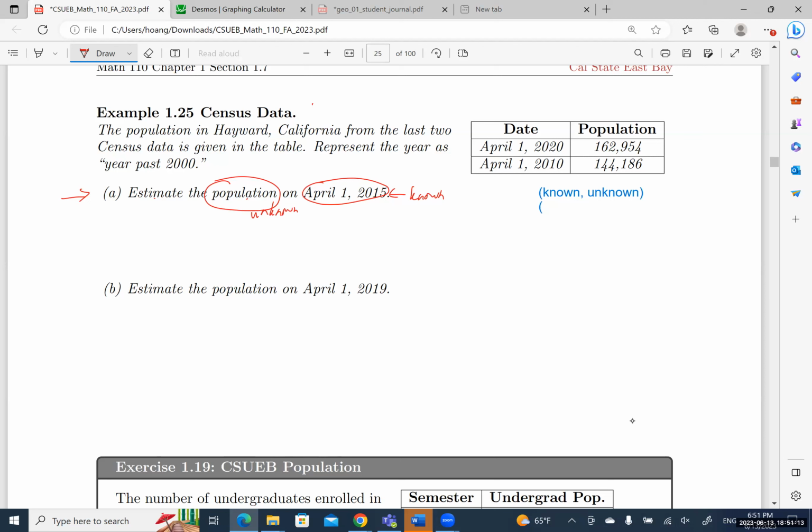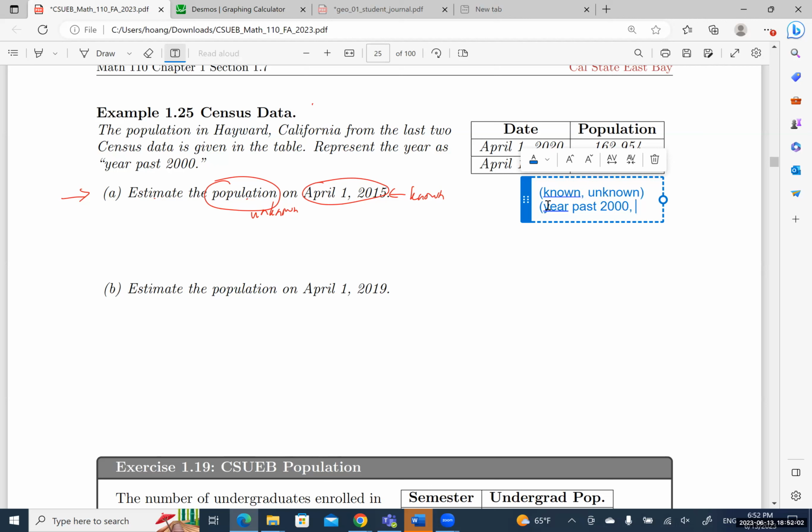So you can start with, let's see, the known in here will be the years past 2000.